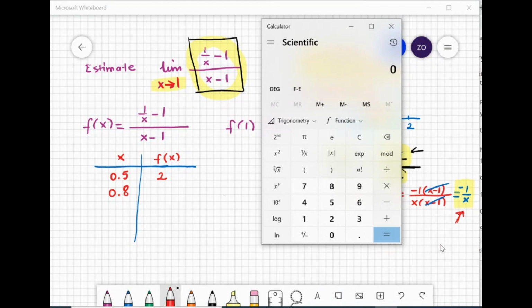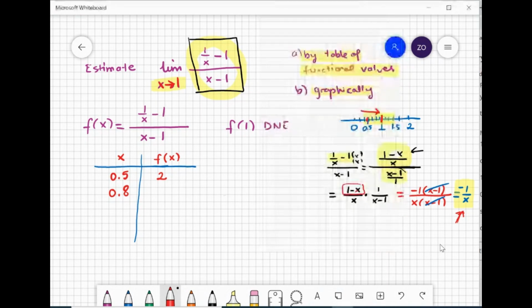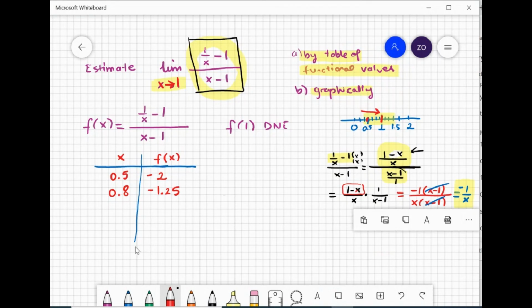So we will divide 1 by 0.8. Okay, 1 by 0.8, right? And this is 1.25. Well, the thing is, these are both negative 1.25. We are dividing negative 1 by these numbers.